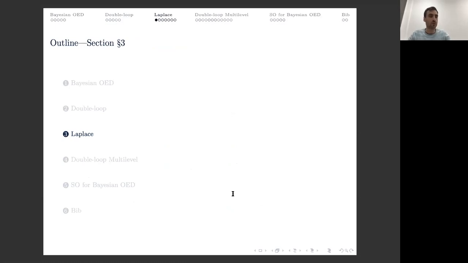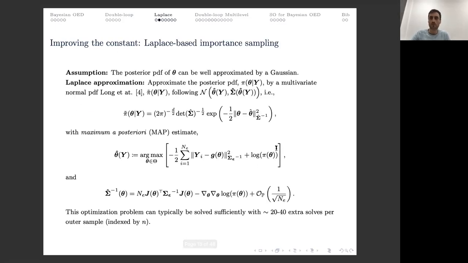So I have to talk about a particular ingredient here, but I'll be really quick. This ingredient is crucial to have a good multilevel Monte Carlo estimator, double loop estimator, and it's the Laplace approximation. We use the Laplace approximation as a change of measure, and this is the Laplace approximation of the posterior distribution.